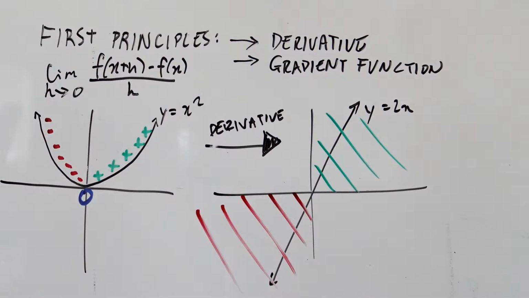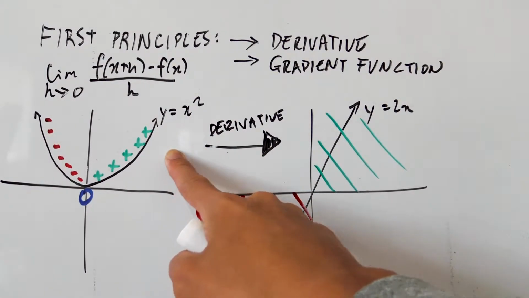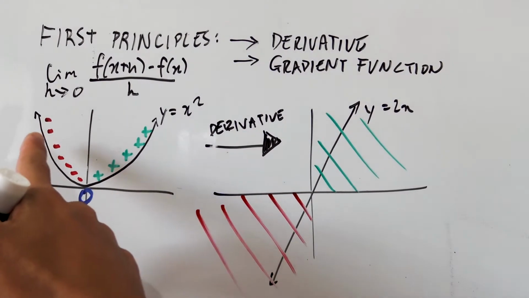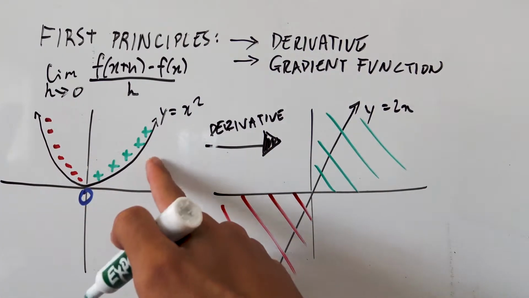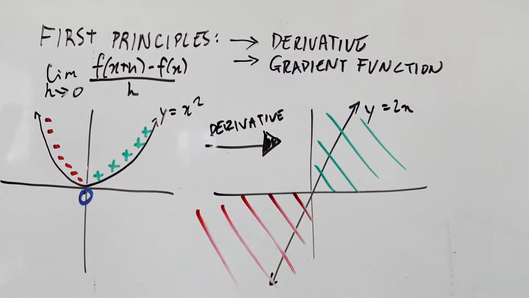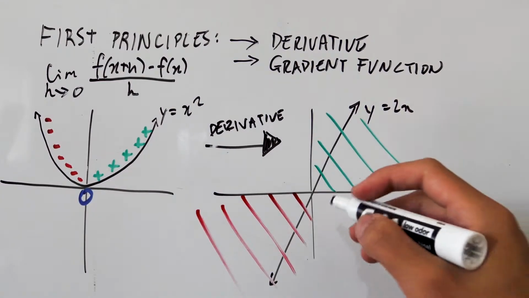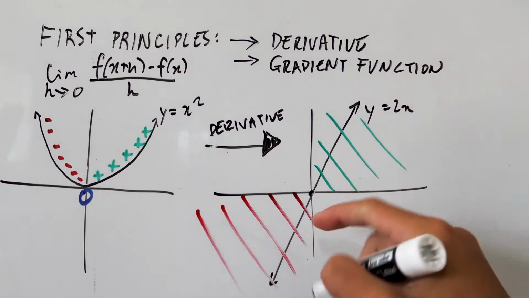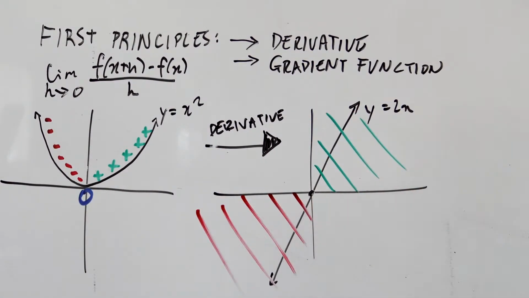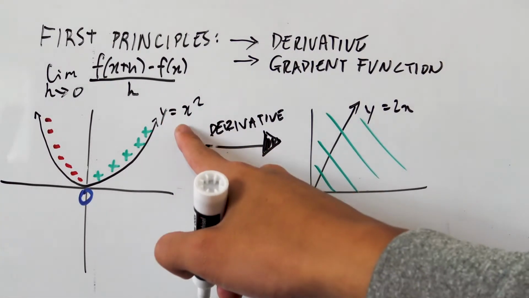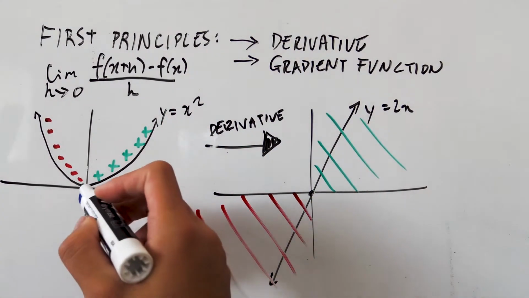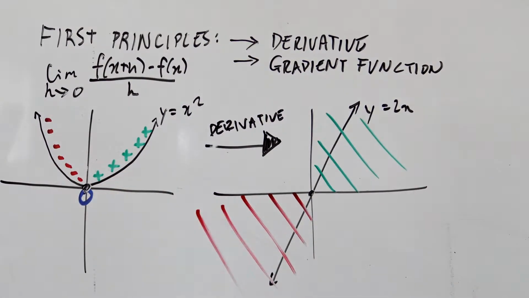And what that corresponds to on our x squared graph is the left hand side being a negative gradient and the right hand side being a positive gradient. Also, our 2x graph is exactly 0 at the point x equals 0, and that corresponds to our y equals x squared graph having a gradient of 0 right at x equals 0. So you kind of see how these two graphs relate here.